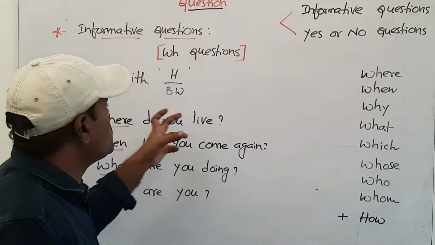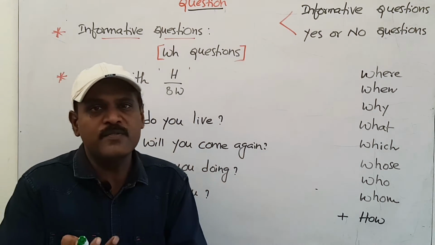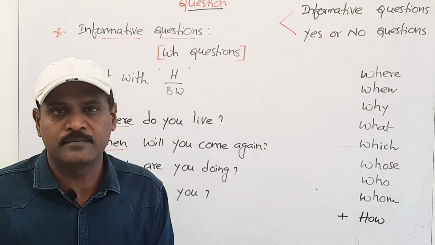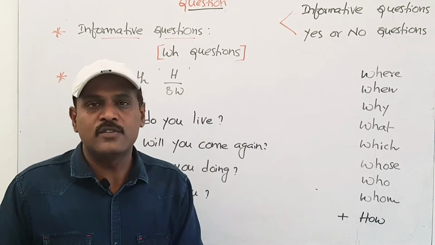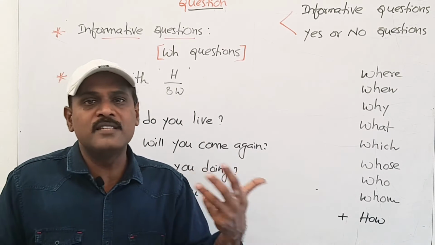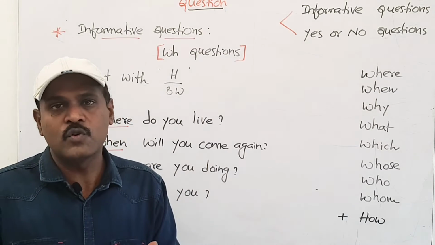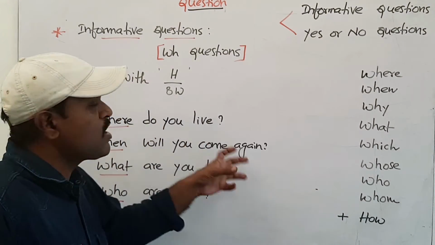Examples. Where do you live? This is an informative question. We have to give some information. I live in Visakhapatnam. I live in Chennai. I live in Delhi. Otherwise you can't say yes or no. We must furnish some kind of information. When will you come again?